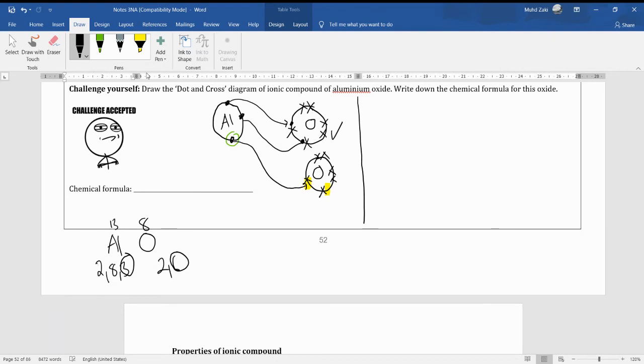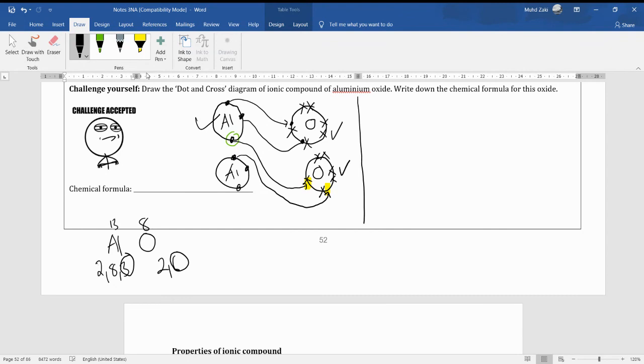Then we draw another aluminium. Aluminium has 3 outermost electrons, and this aluminium can fill up this one. This is done, all complete.